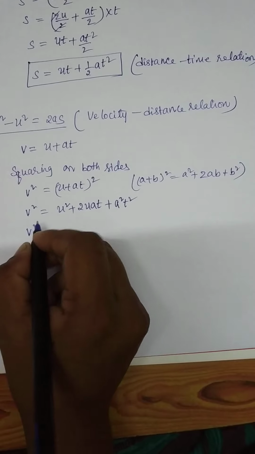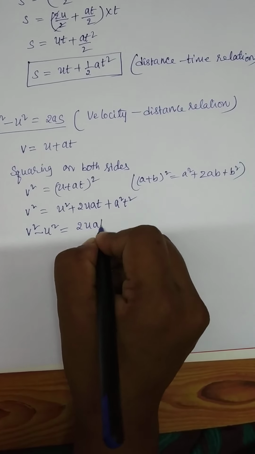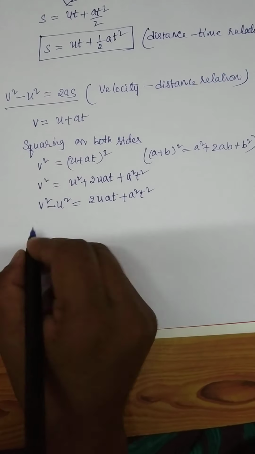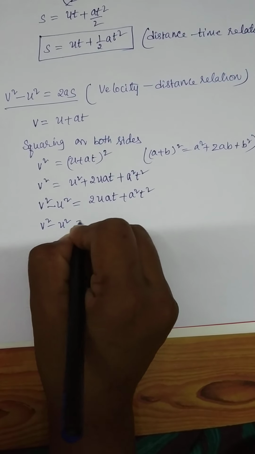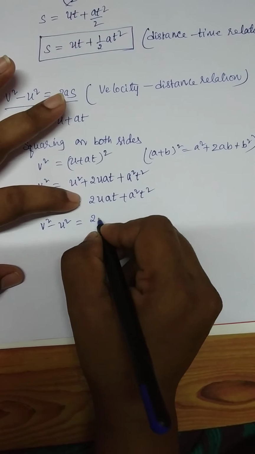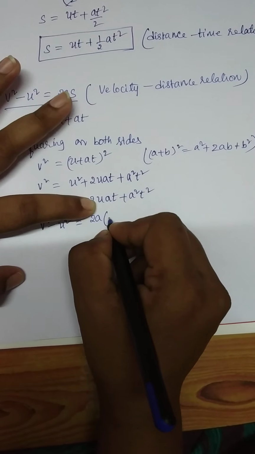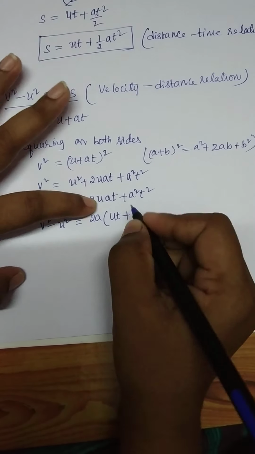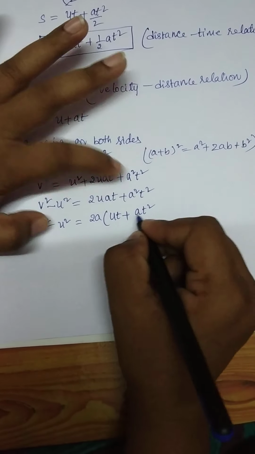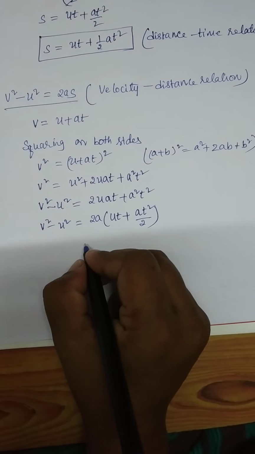So v square minus u square is equal to 2uat plus a square t square. Now take 2a as common, then the remaining terms are ut plus at square by 2.